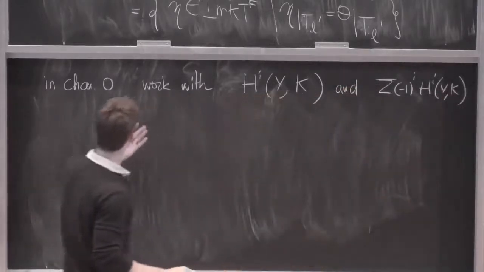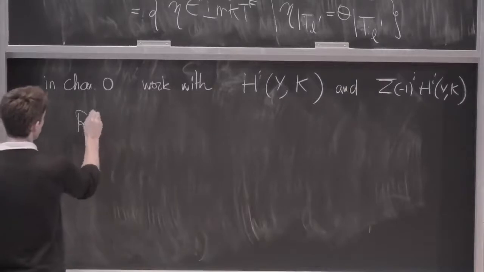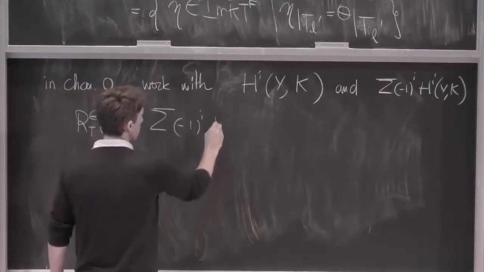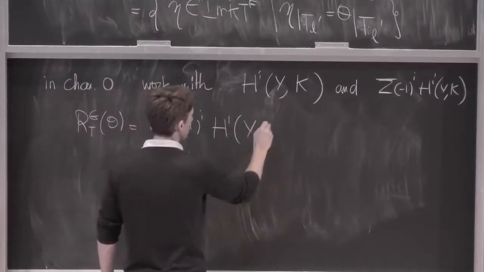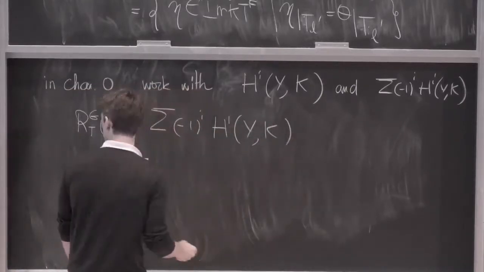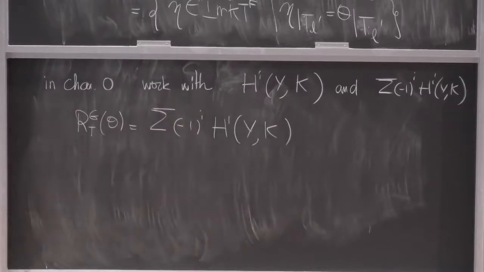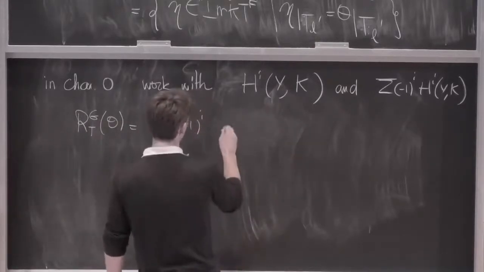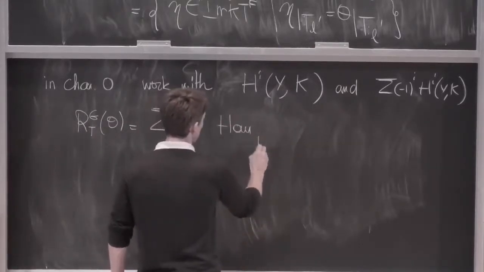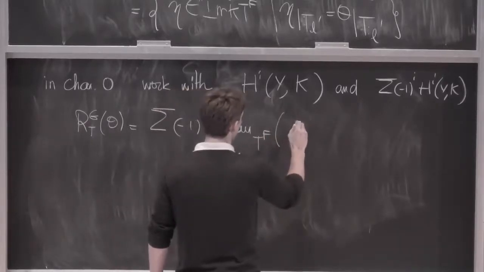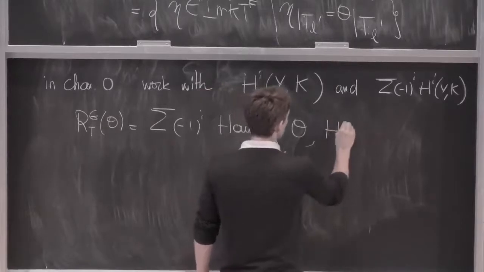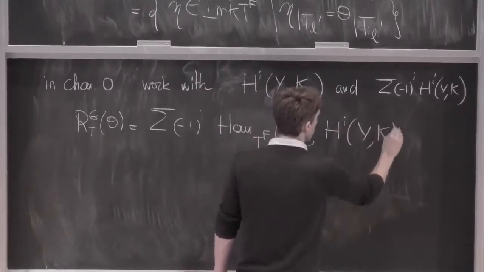And the construction of RTG theta, you can see it as a sum. So now I'm just going to do some sort of tensor construction. Taking the isotypic part is the same as taking the hom of the one-dimensional module corresponding to theta to the cohomology.